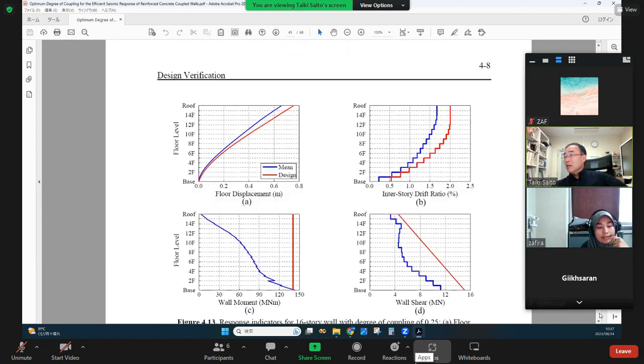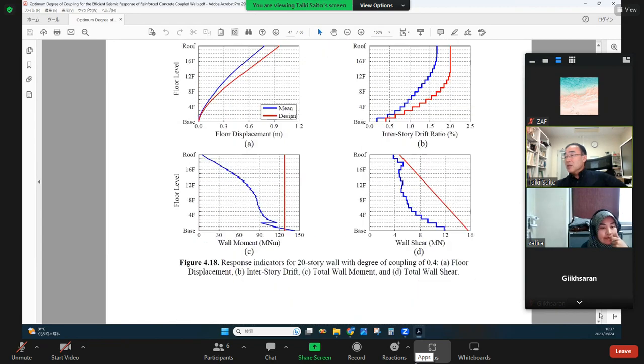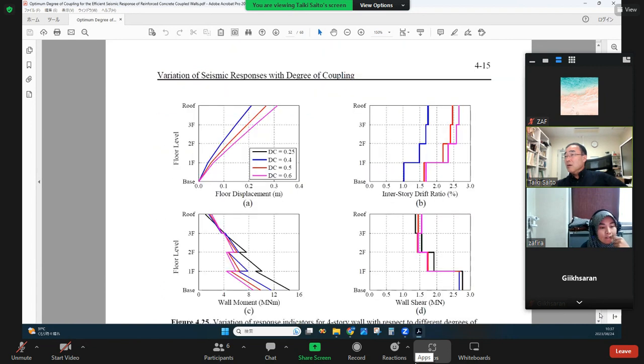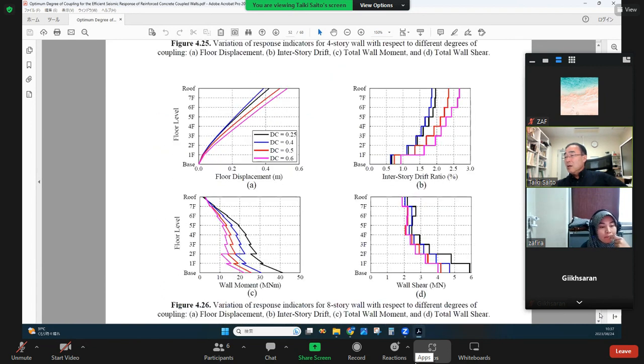I'm not sure. Maybe let's check. One moment. So he also changed the degree of coupling, right? Yes. So in your case, if you change the capacity of the metallic damper, maybe this coupling ratio changes. Probably.